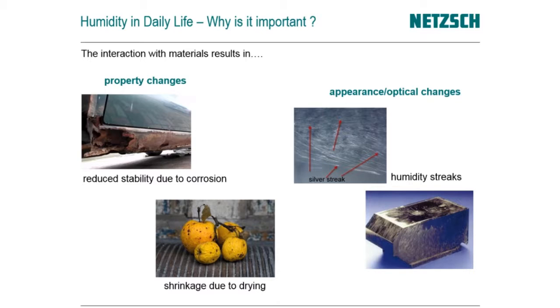So hopefully from these few examples you understand that the water content in the air or atmosphere has a really high impact on material properties, in either a physical or chemical way. We need to understand or at least identify these interactions.